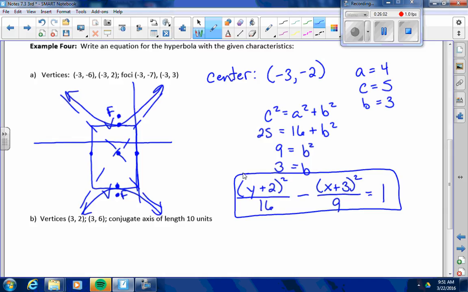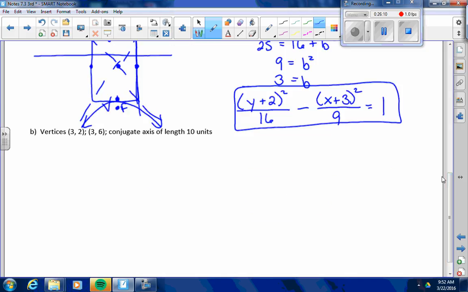There's our equation for the hyperbola. Questions? Okay, last one. The last one, we have vertices at 3, 2, and 3, 6. So 3, 2, and 3, 6.